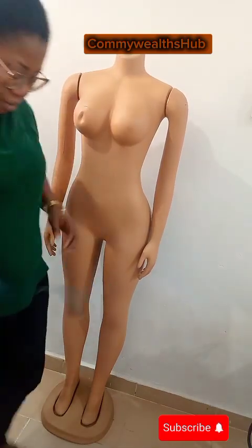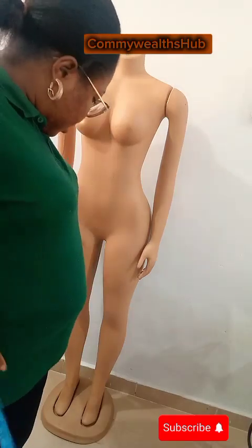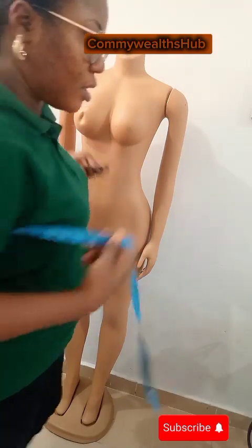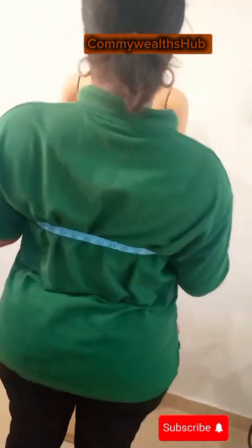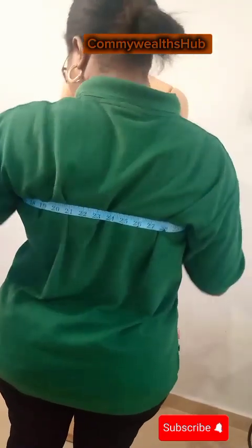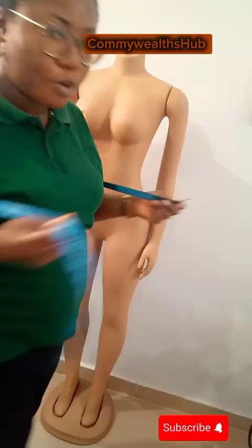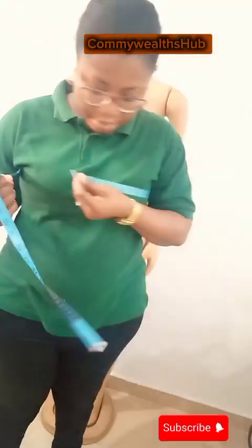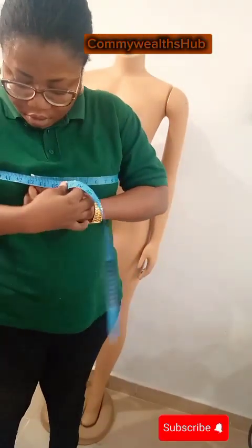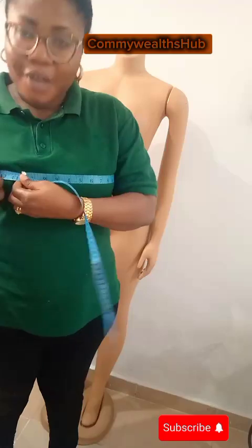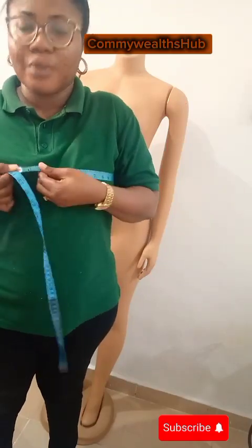Let me also use myself as an example. Now, I want to measure my bust. See where I position my tape. Can you see? I position it at the middle part of my back, opposite direction of my bust, and then I'm going to take it well. Now, don't tighten your tape when you are taking it round.